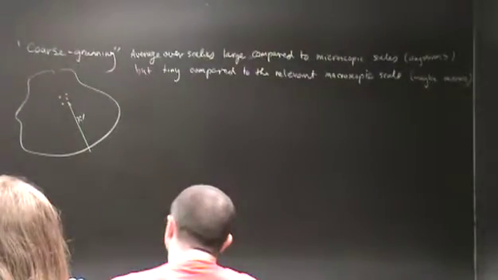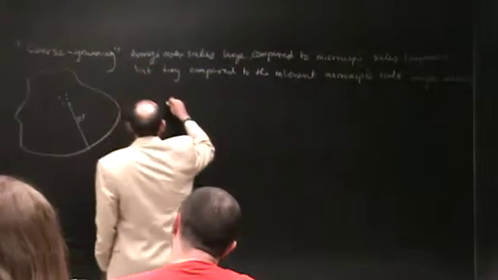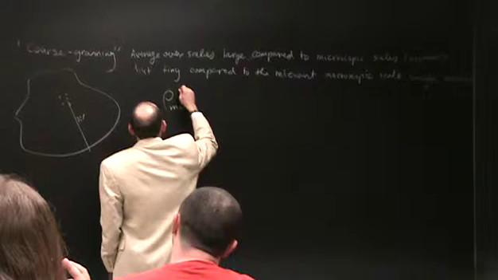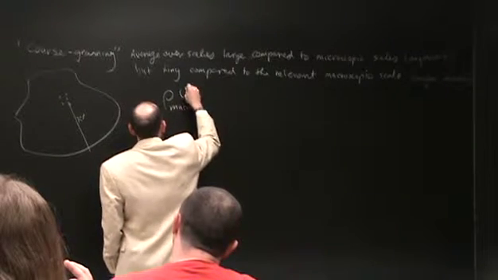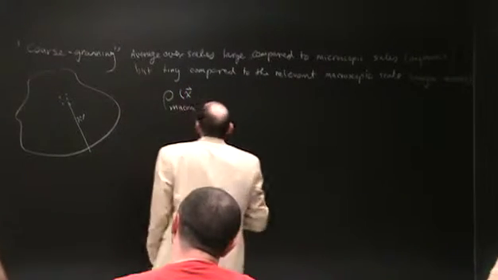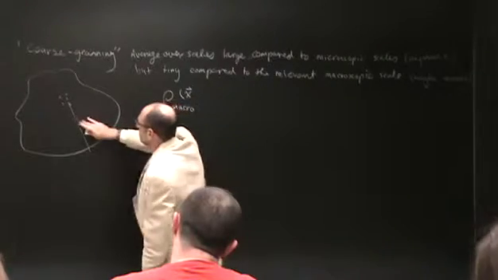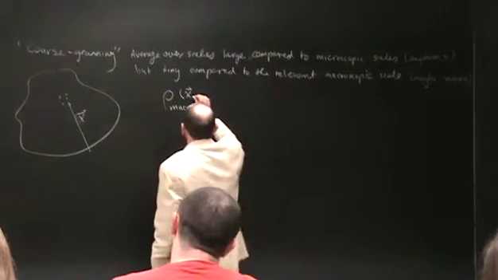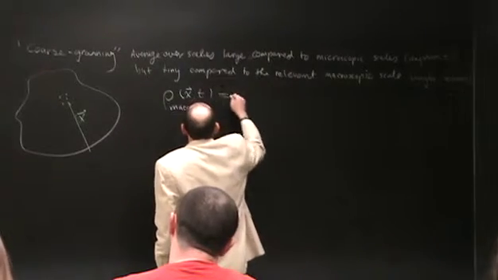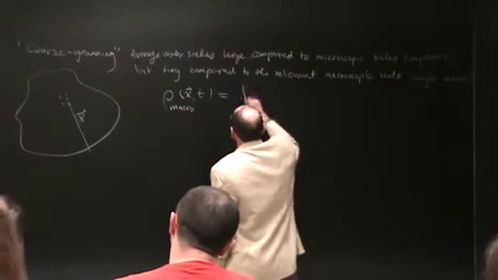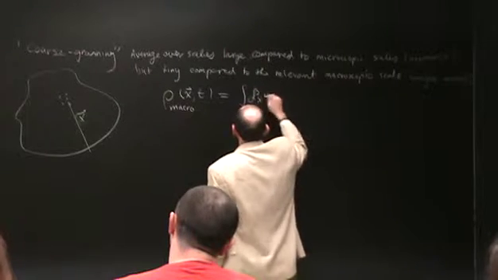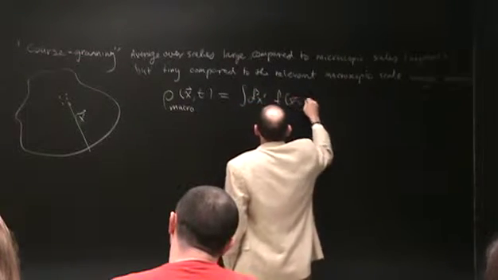In that circumstance, what we would say is that the macroscopic charge density is a function of some coarse-grained position. We have some coarse-graining function, and we might formally write it in the following way.